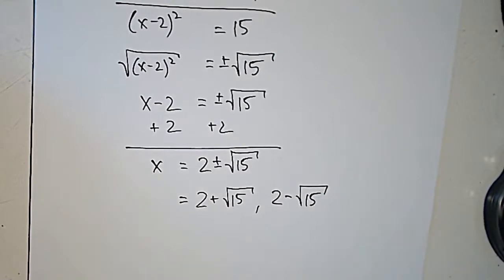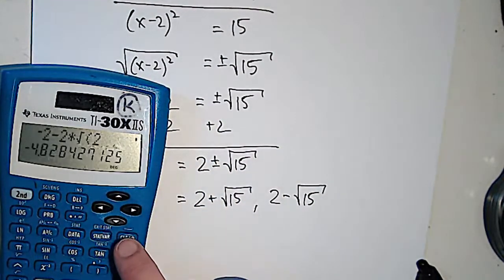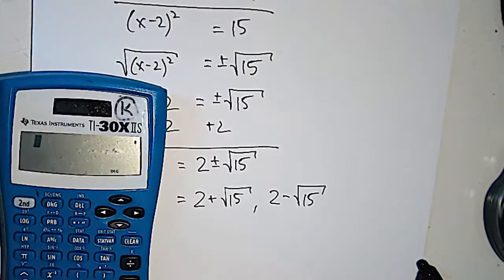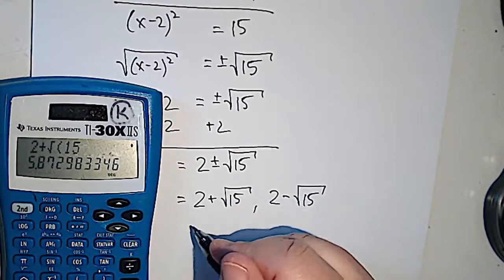And again, if you don't know what this equals, it's not a bad idea just to do what we call, well, honestly, it's called a sanity check, which I'm not sure is all that appropriate. I'm sure you guys can come up with a better phrase for it. That was the one I was taught. 2 + √15, just a quick check to make sure we're not completely off.